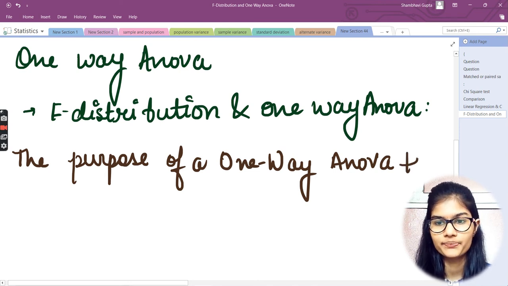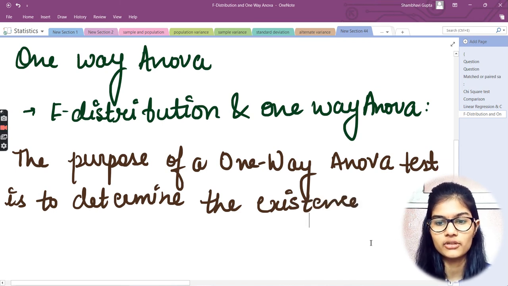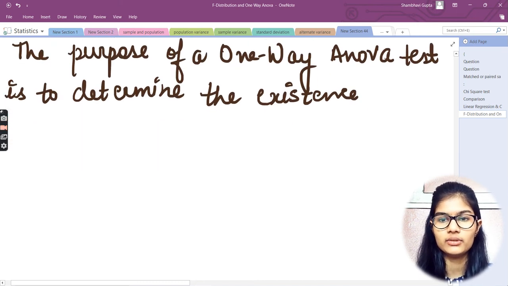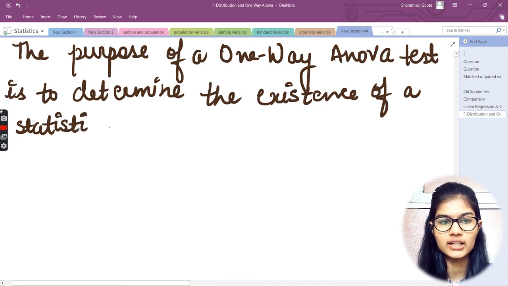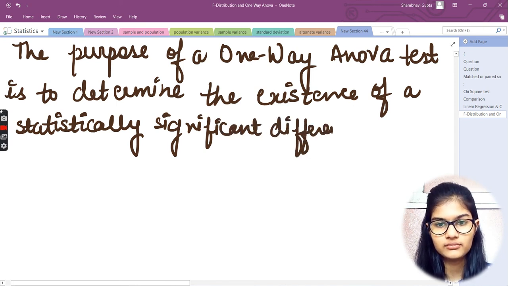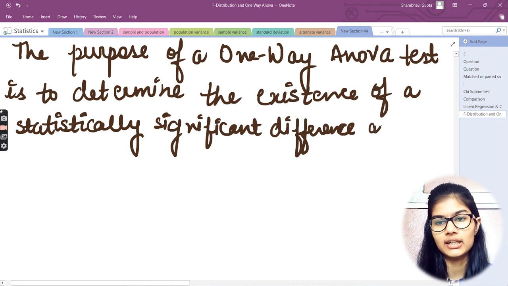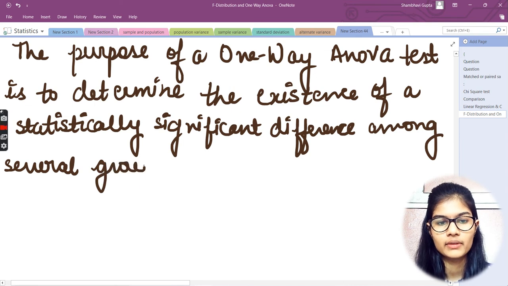So the purpose of the one-way ANOVA test is to determine the existence of a statistically significant difference among several group means.